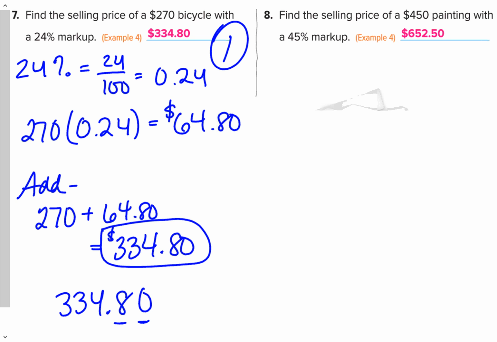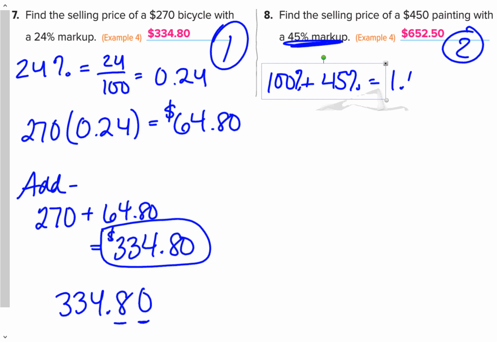All right, last one I'm going to do with method 2. You have a 45% markup, so let's take our 100%, add it to our 45%. That's 145% that you're paying. Okay, so let's go ahead and make this into a decimal.